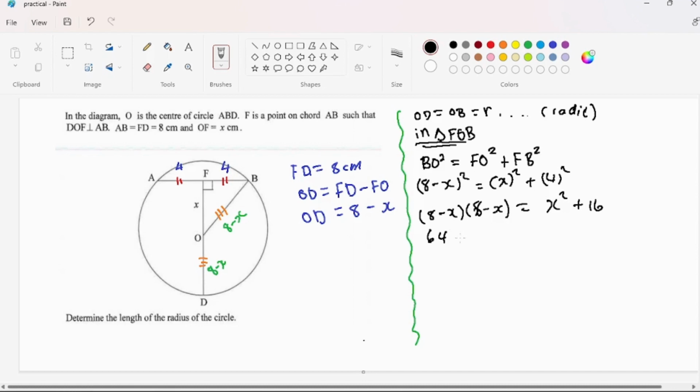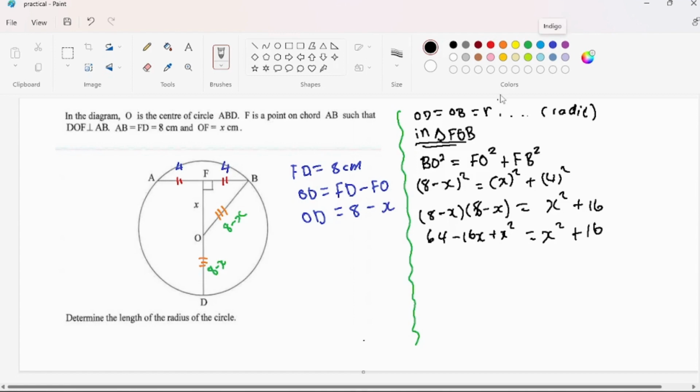So we are simply going to say 8 plus 8 is equal to 16, so we are going to say minus 16x. If there's anything you don't understand, guys, please drop your question on the comment section below. And then negative x multiplied by negative x, we are obviously going to get x squared, right? And then equals x squared plus 16.